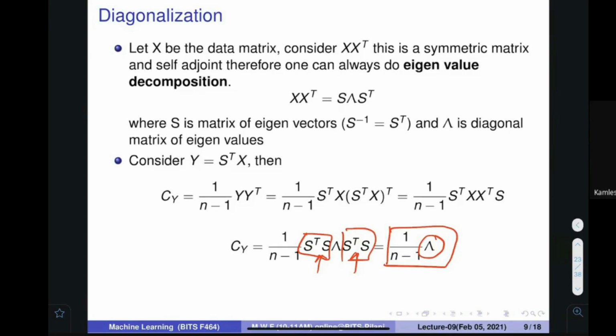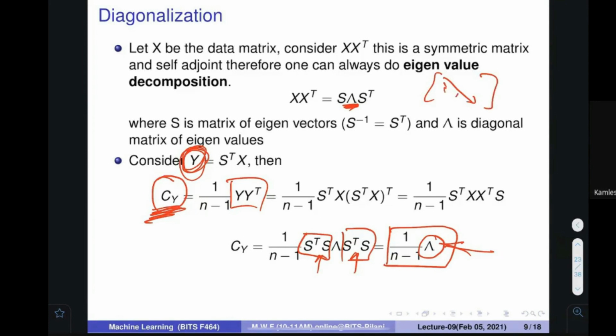So the covariance matrix of this Y is actually a diagonal matrix, because we know that the matrix with the eigenvalues has only the diagonal components and all other values are zero. So by multiplying S transpose with the X, we got another matrix whose covariance matrix is lambda. Make sense?